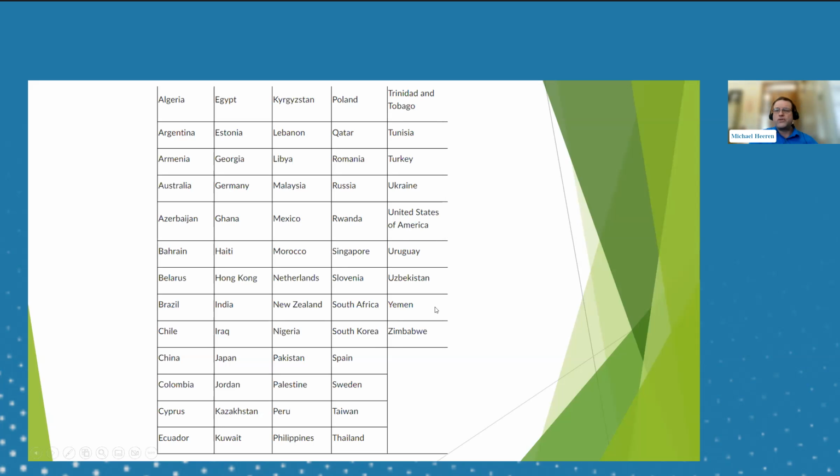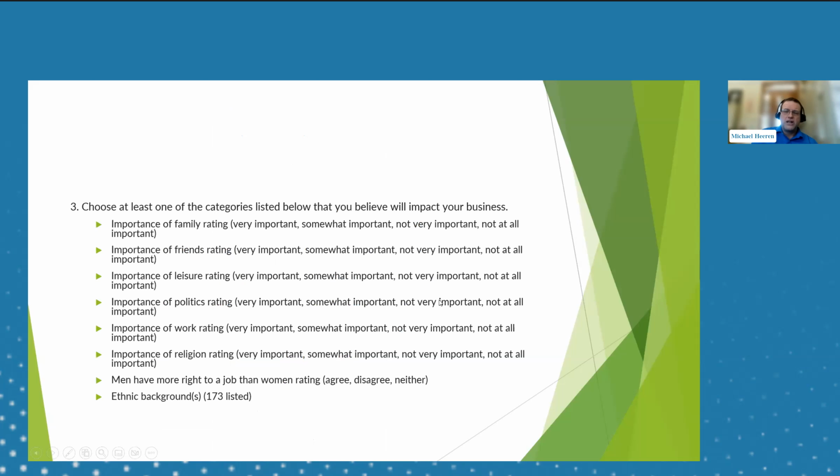What I chose for the students to think about in their discussion is the importance of family, the importance of friends, importance of leisure rating, importance of politics, importance of work rating, importance of religion, and whether men have more right to a job than a woman does.